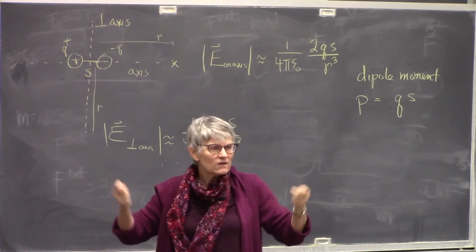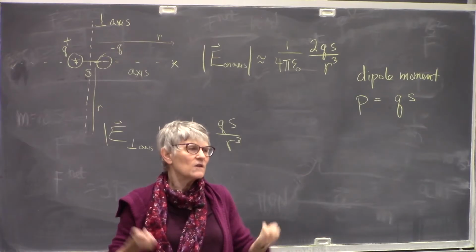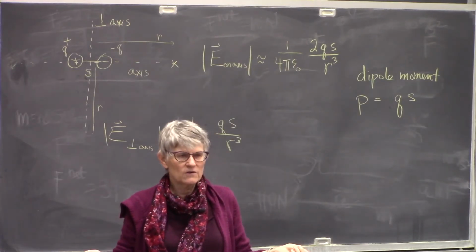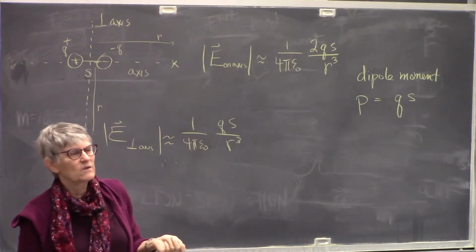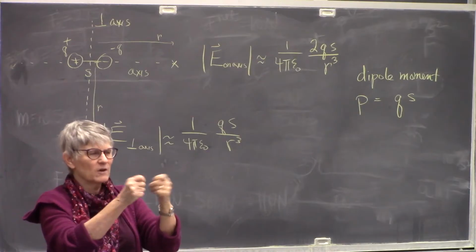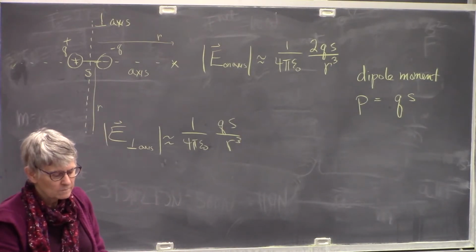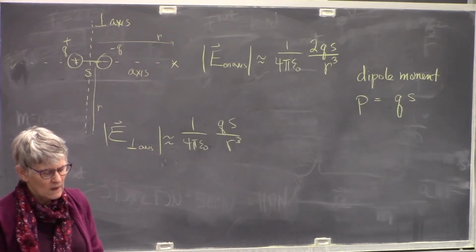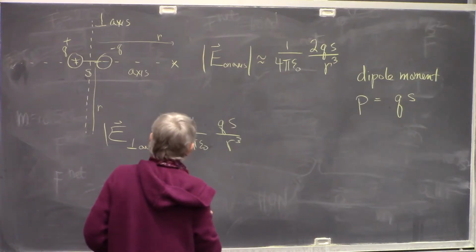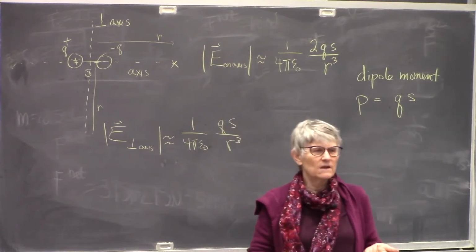If you increase either q or s, the field is going to get bigger. Dipole moment is something that you can measure sometimes, whereas you don't necessarily know exactly how much charge is separated by how much. These are concepts that we're going to use a lot today.